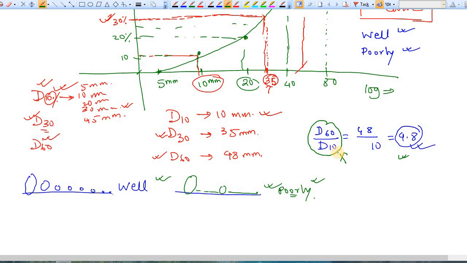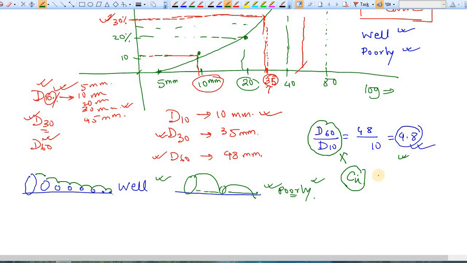Let's define this ratio as CU. Why CU? Here you can see the size varies uniformly, not abruptly. That's why this coefficient is known as the uniformity coefficient.